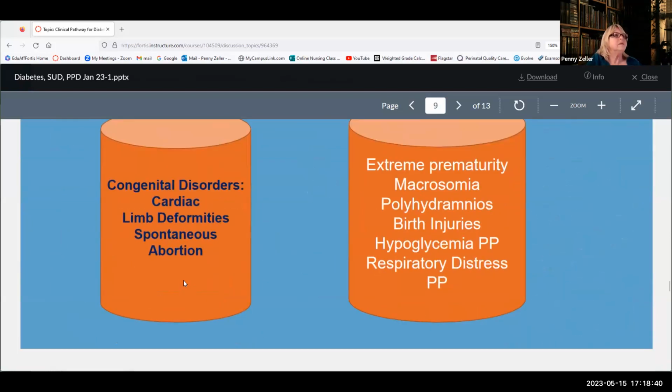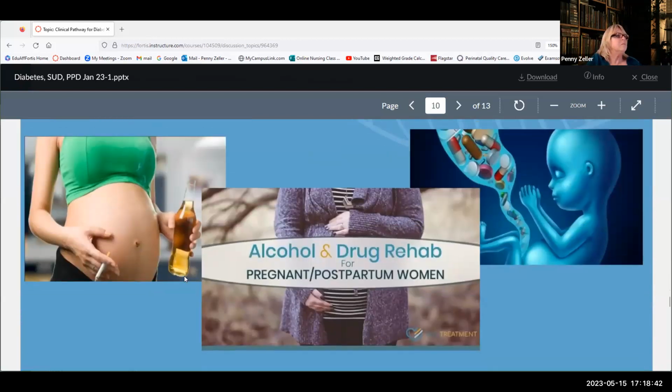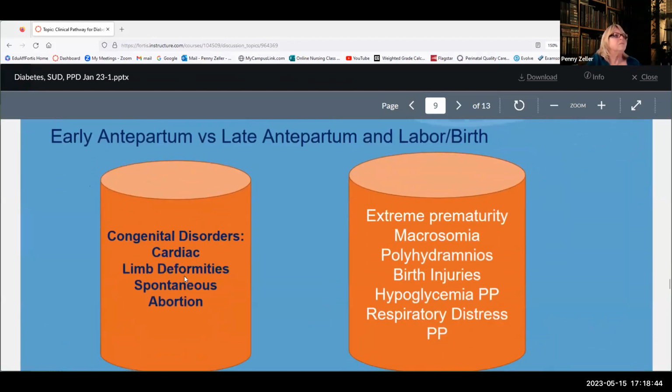And then early and late. Early in pregnancy, with hyperglycemia, we might see some congenital disorders or defects: cardiac heart defects in the fetus, limb deformities, spontaneous abortions.